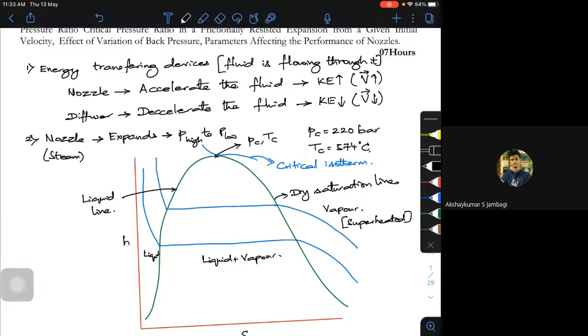Otherwise, what will happen if the dryness fraction drops below 0.9 or 0.95? There is a formation of water bubbles, and these water bubbles will cause what is called pitting on the gas turbine or your steam turbine blades, and that will erode your blades, and it may be catastrophic also.